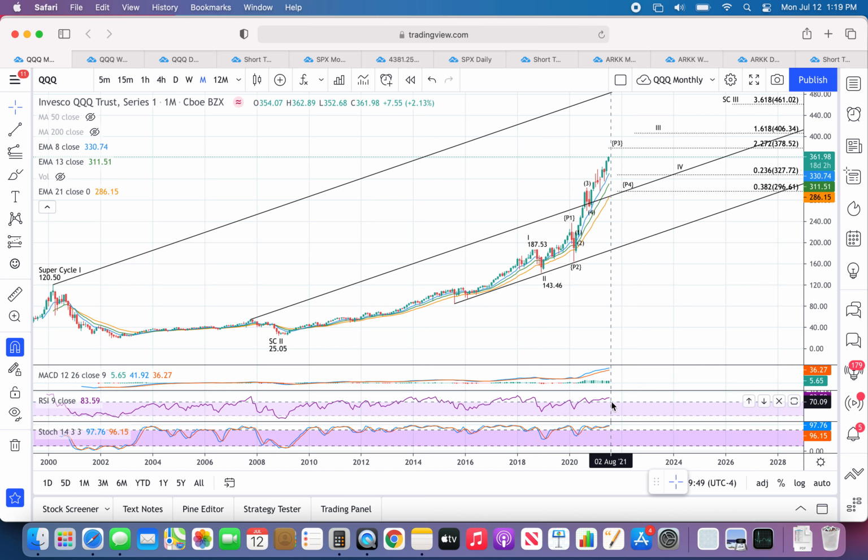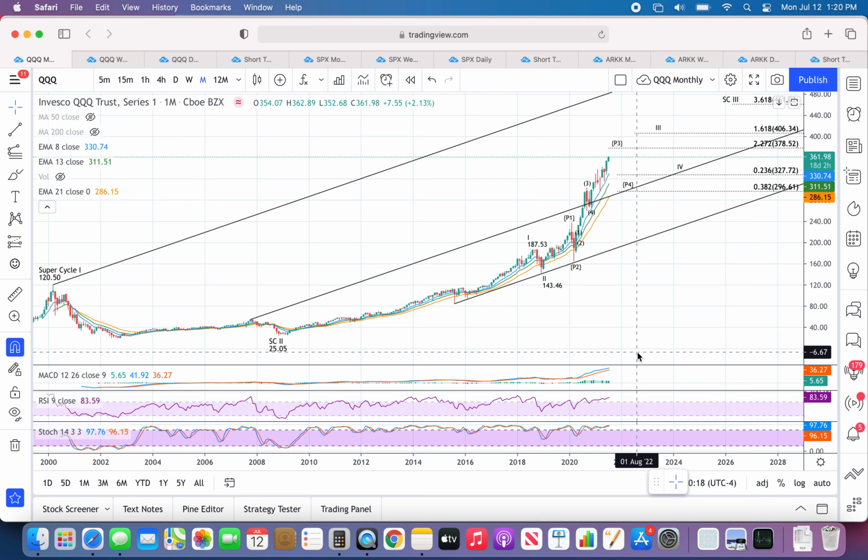Okay, now we can't really talk about that number until July is over, but what I'm suggesting is that if we do not see divergence on a monthly time frame, I don't think we can be talking about a top of a cycle degree. And what I've studied in most of the data that's out there, monthly divergences tend to bring in the most significant degree tops.